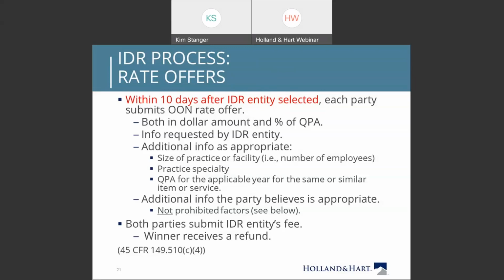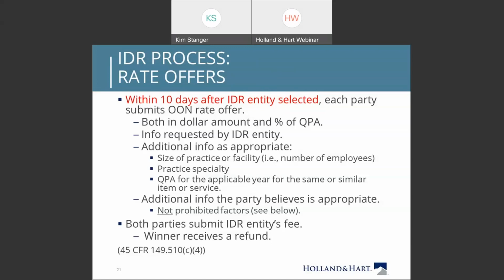The factors that I identified would include things like the size of the practice or facility by the number of employees, your practice specialty type, the QPA for the applicable year for the same or similar item or service, and any additional information that the party believes is appropriate that you think will support your claim. However, there is certain information you cannot submit, that it's irrelevant. We'll talk about that in just a second.